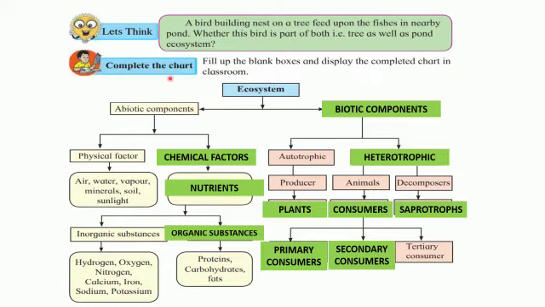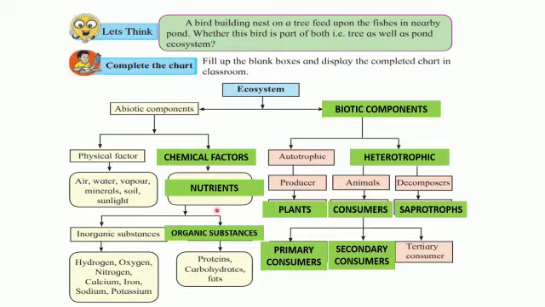On the basis of this, we need to fill up this flow chart. Ecosystem, abiotic components, biotic components. Abiotic: physical factors, chemical factors. Physical, we have air, water vapor, minerals, soil, sunlight, and chemical factors include various types of nutrients.